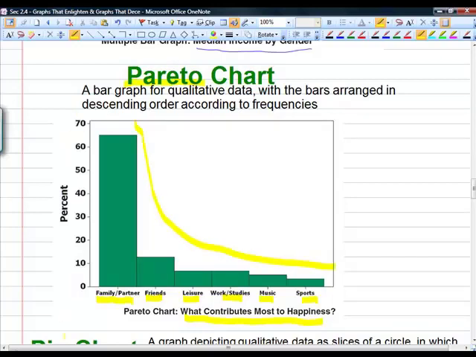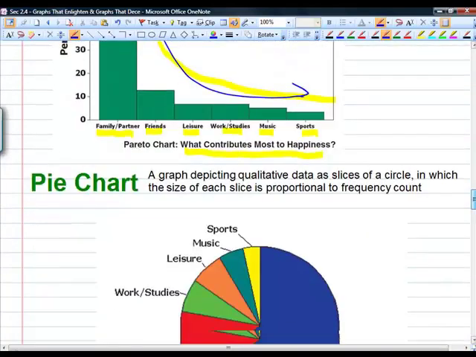The percent is on the vertical scale. The bars are touching here, but this is not quantitative data. It's a Pareto chart, it's still categorical data, but the bars touch like they do on a histogram, and the only reason the bars can touch is because it is descending. We don't work a whole lot with them. I just thought I would mention them.